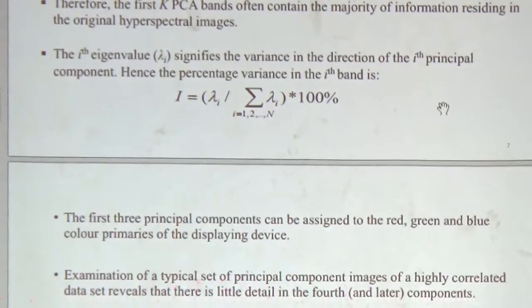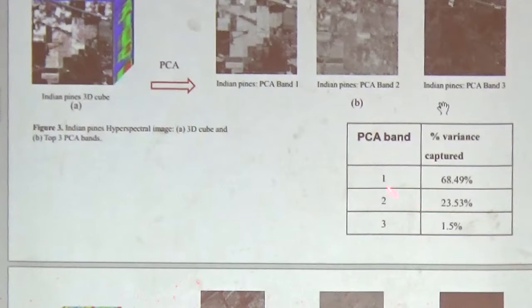So let me see what I get. For the first band, the amount of variance that you capture is 68%. That's why it looks the brightest. Huge contrast. Variance means contrast is good in the image.